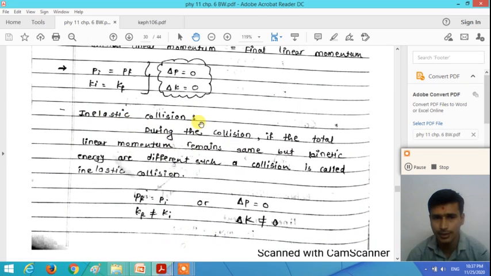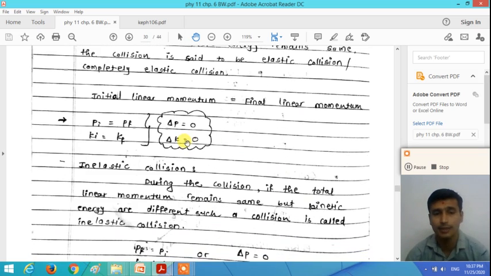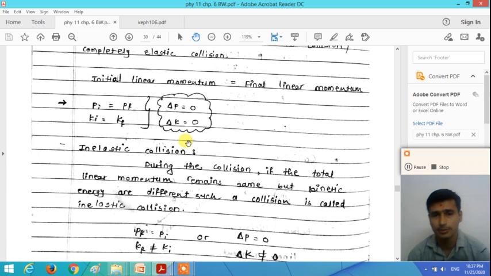So, in the inelastic collision, during the collision, if the linear momentum remains the same but the kinetic energy is different, such a collision is called the inelastic collision. So, in practical terms, we can think about it this way: the linear momentum of the object or system of objects remains the same, but some kinetic energy is used or lost due to friction, right?